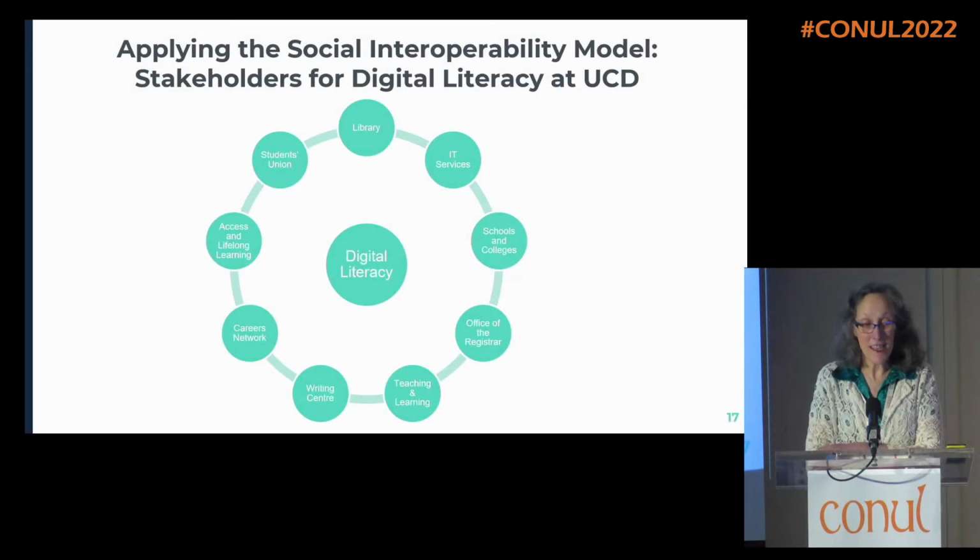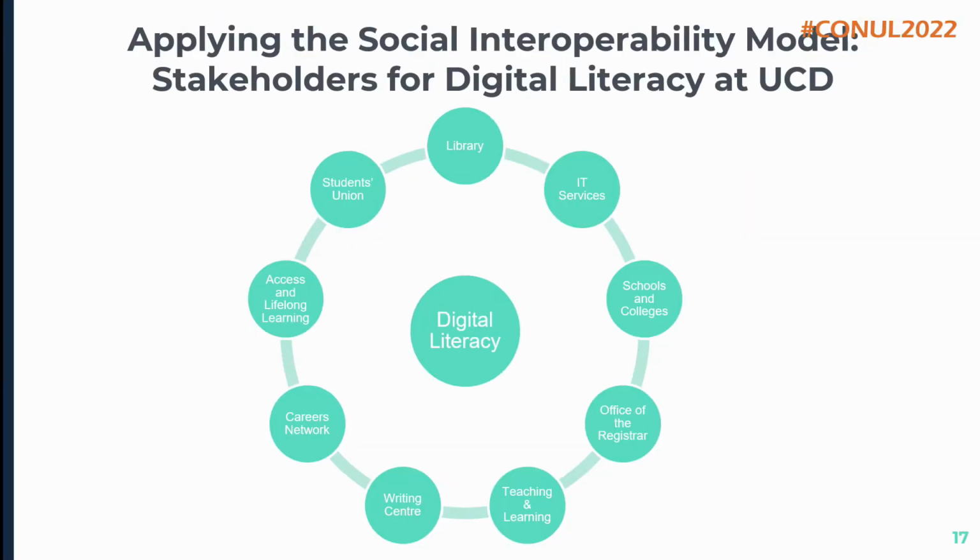So if I try to apply that social interoperability model from the Liber OCLC workshops, this is a little bit what comes up. And I'm only focusing on the university itself. I'm not thinking about the wider landscape, national and internationally.